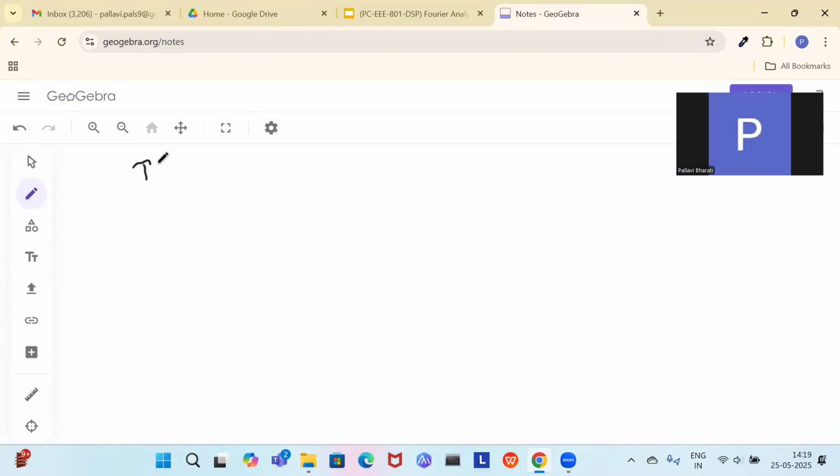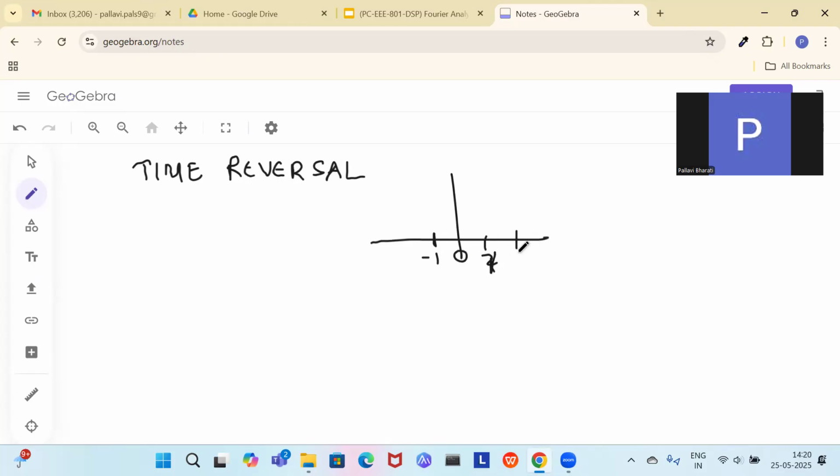The next property that we are discussing is time reversal. We have to prove this property of time reversal as we have already done in Z transform. Time reversal basically means that if you have the signal, say from here, -1, 0, 1 and 2, let us say the values are like this.